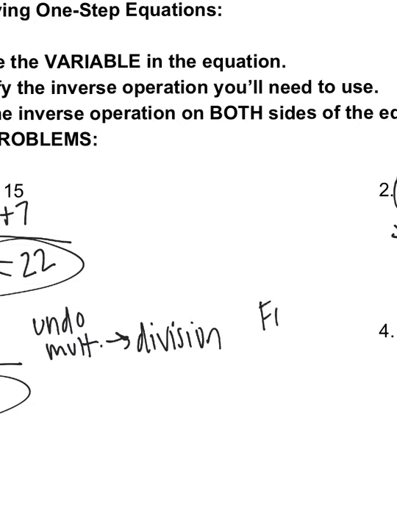Then the last one, if I have a fraction, that tells me I'm dealing with division. All right, so the opposite of division would be multiplication. So what this is telling me is that to get rid of that divides by 4, I have to multiply by 4. And I have to do it to both sides.